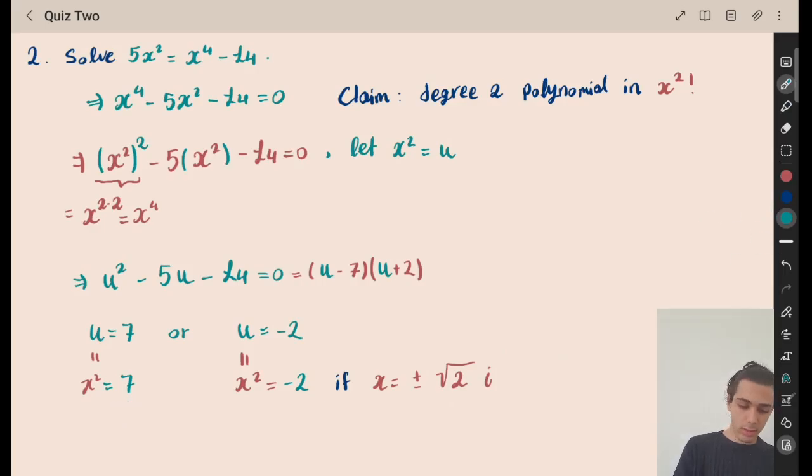And in this case, this is also true if x is equal to positive or negative square root of 7.